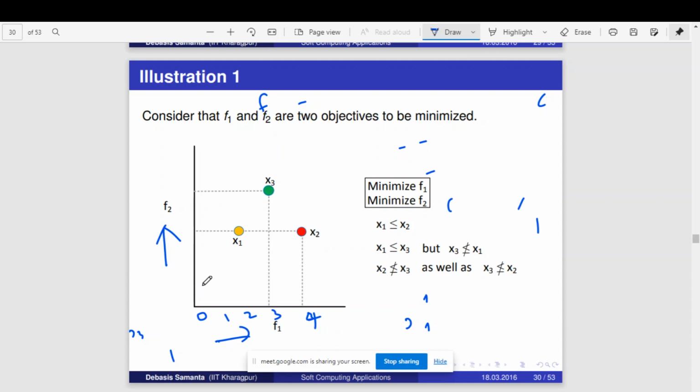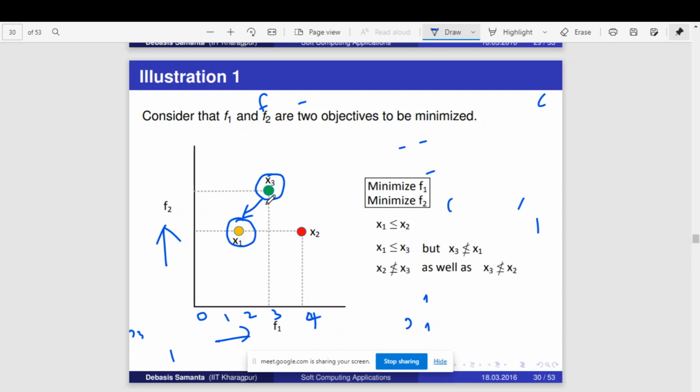Okay, yeah. So now if someone asks you whether x1 is dominating x3, surely you can say that x1 is dominating x3. Why? Because dominating means what? Why can we say that x1 is dominating x3? Because two things are satisfied. x1 is to the left of x3. Are you getting?